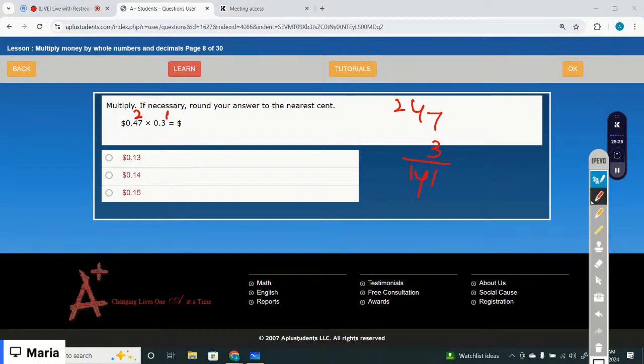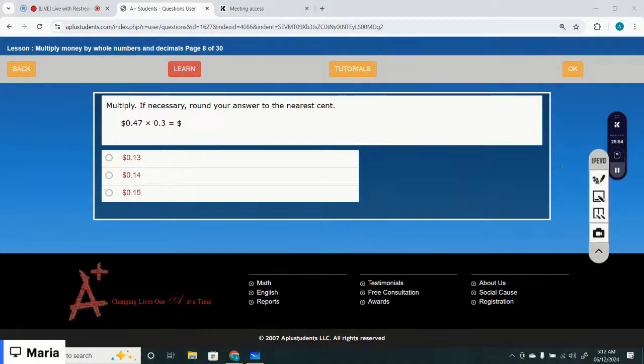So the answer must have three decimal places. So you need to move the decimal point three places left. So it would be 0.141. That is option number 2, that is 0.141.